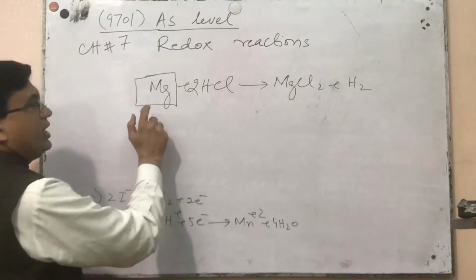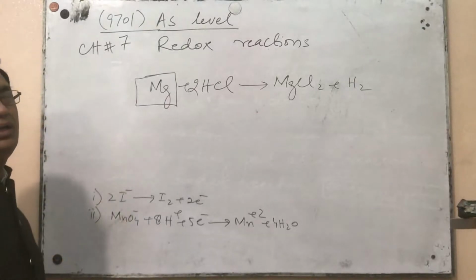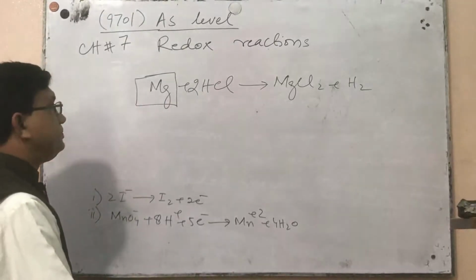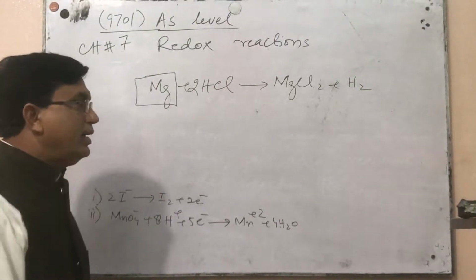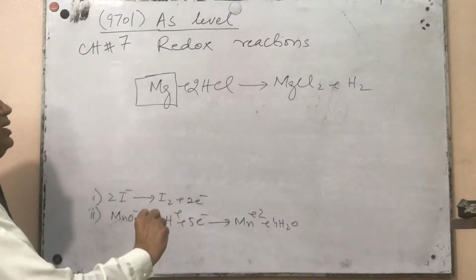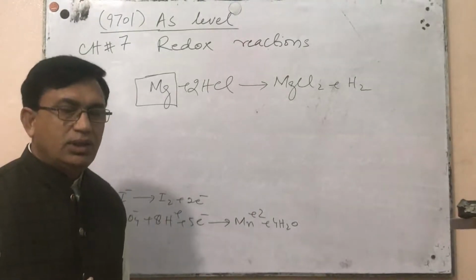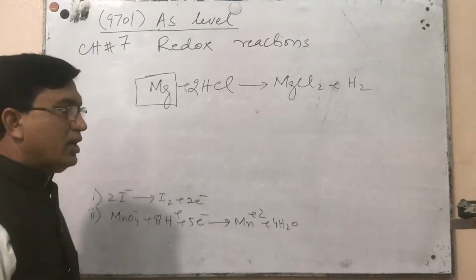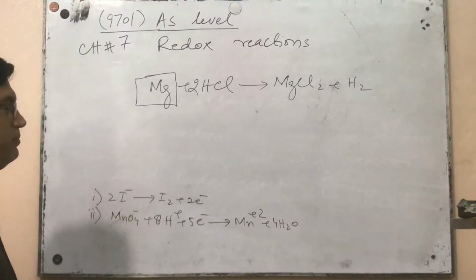As one of the reactants is an element, this reaction will automatically be a redox reaction. Why? Because according to the rules we have already learned, whenever the oxidation state of certain elements changes, those reactions are called redox reactions.